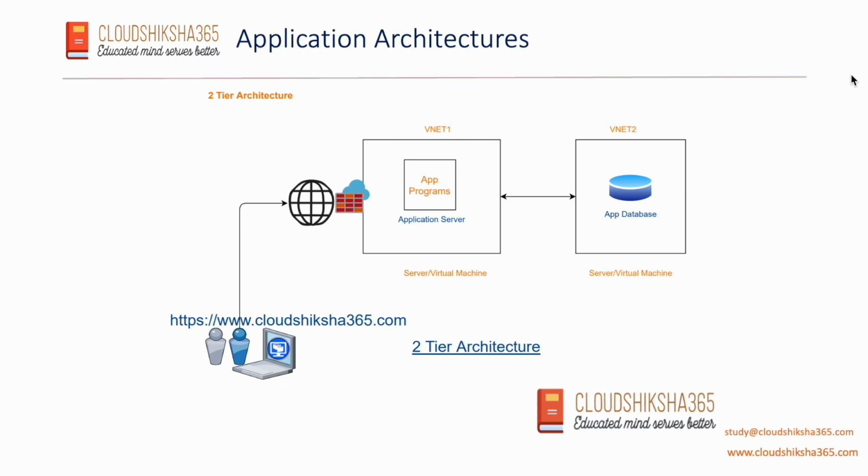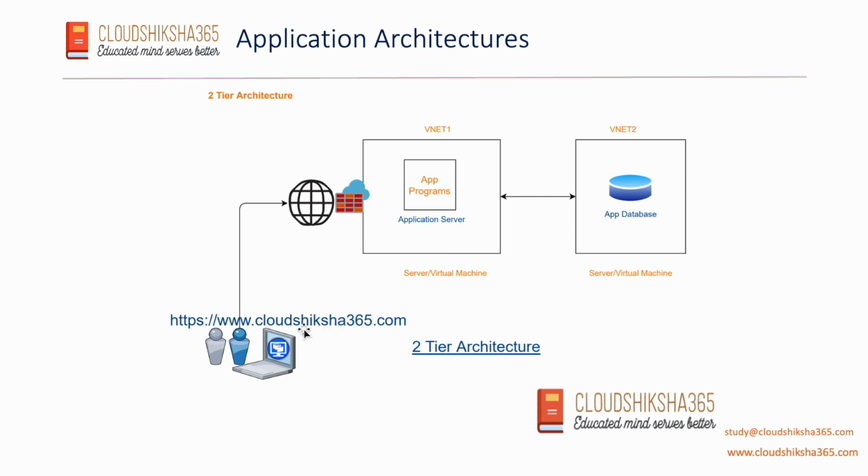Now if we talk about tier 2 architecture, here we are breaking components a bit further. Instead of one server holding all our services, we have two servers. One server is dedicated to the database, and one server is dedicated to the web service and our application server, which handles the application logic for the running application.